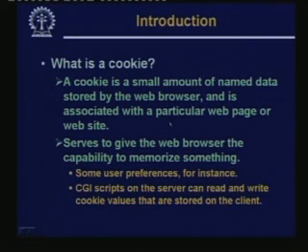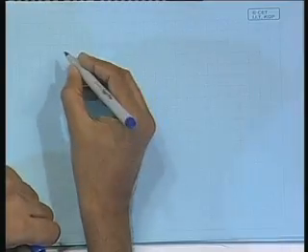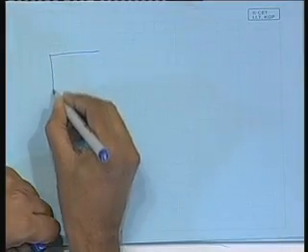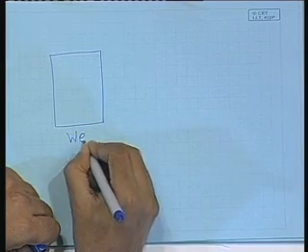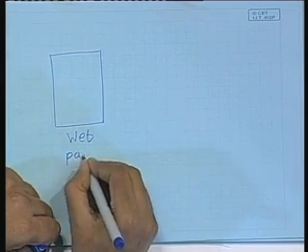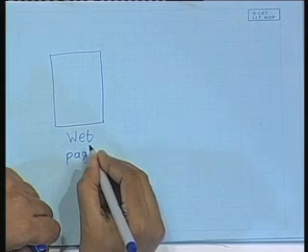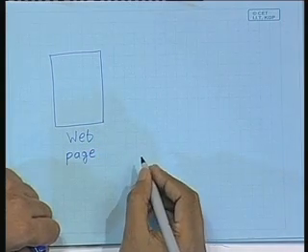Here there are a few things you need to understand. Number one, a cookie is regarded as named data, a data with an assigned name to it, and it is also associated with some web page. Actually, the concept is like this. Suppose we have a particular web page. This web page has been downloaded from a site and is being displayed on your browser.